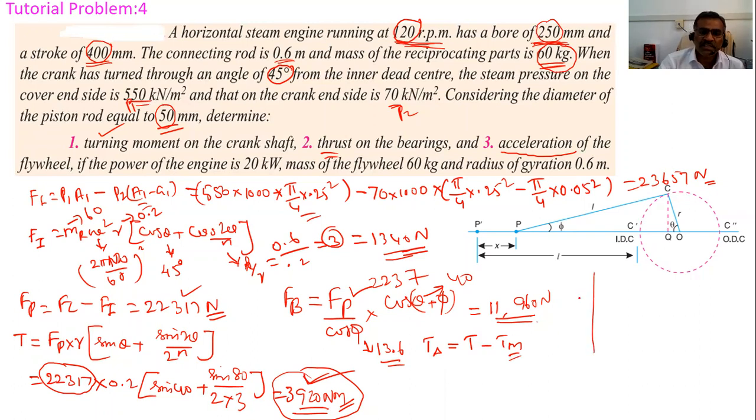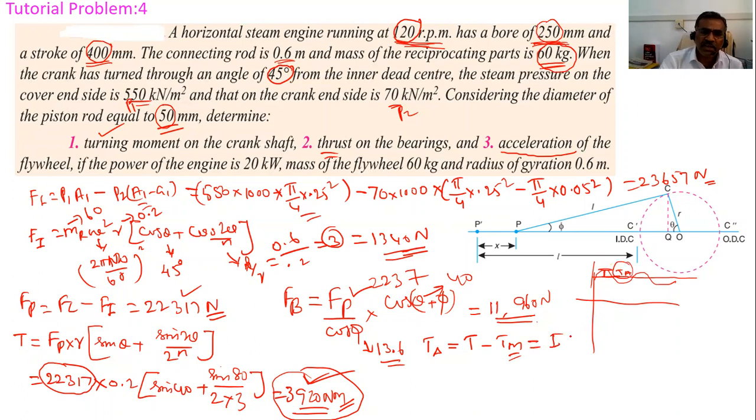Generally, the torque diagram will be like this. If this is the mean torque, and you want to find acceleration at this point, then this is T, this is T mean, and T max minus T mean will give you the TA. That you have to calculate.